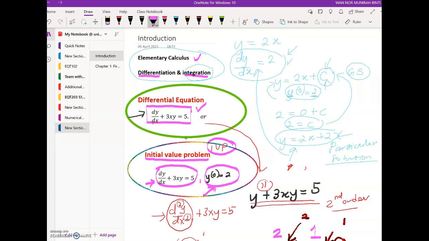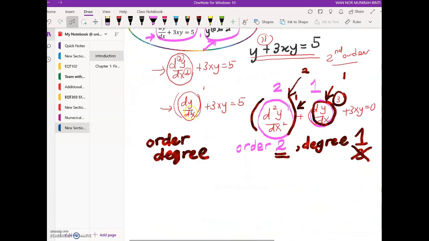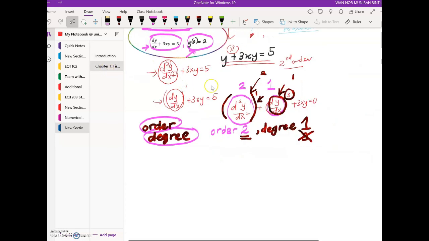By now, I really hope that you have some idea on the differences between differentiation, integration, differential equation, initial value problem, as well as the definition of order and degree. So without further ado, let's talk about our first chapter.